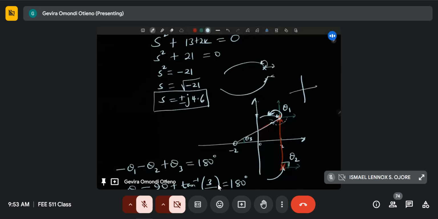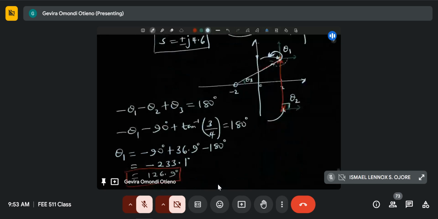For us to estimate it, and I think it's also provided in the notes in detail, we have to draw that point from the zero. But the angle we are looking for is the one that the pole leaves at, because the pole has to stick to the trajectory of the root locus.